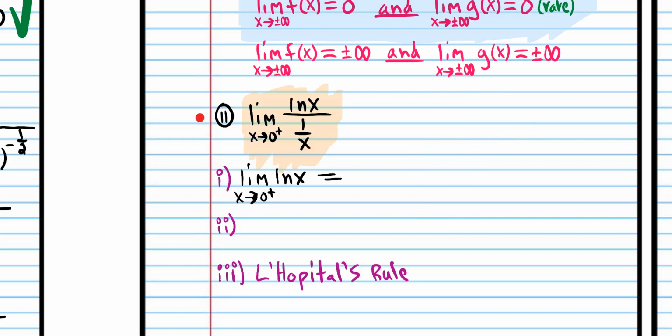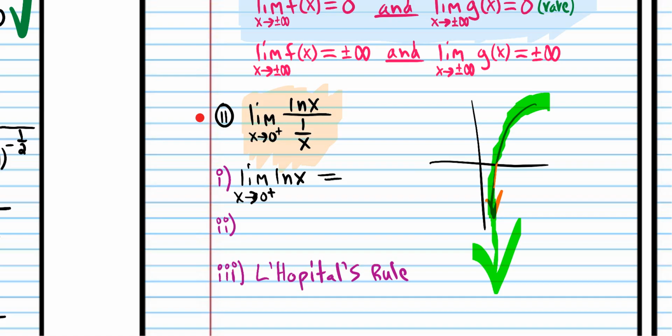So we can see with the graph what happens. I guess I should have kept that graph. But as x approaches 0 from the right, what happens to the expression? Well, it goes to negative infinity. So that would actually be negative infinity.